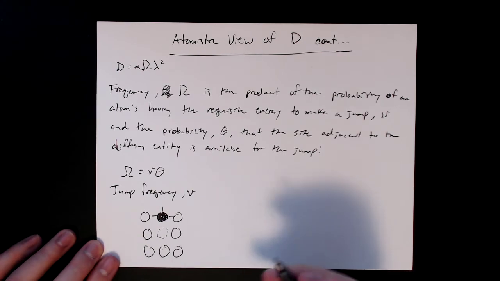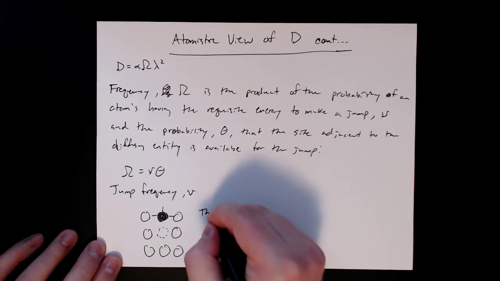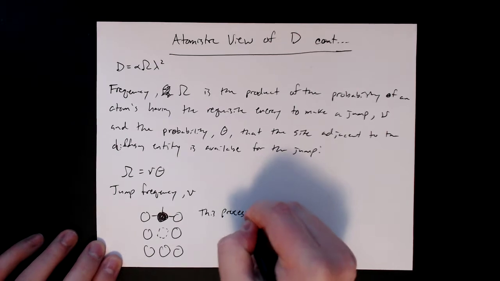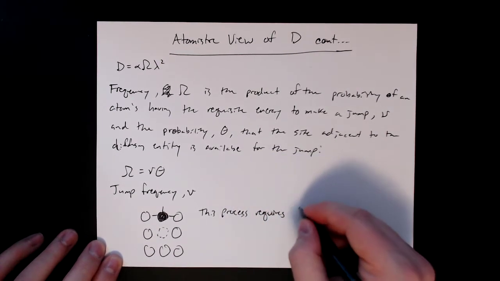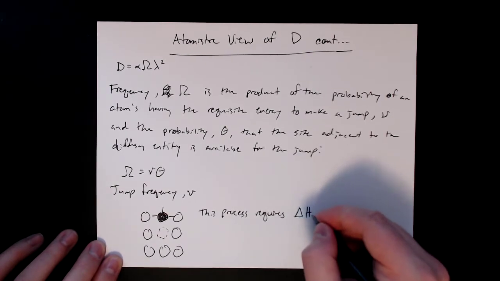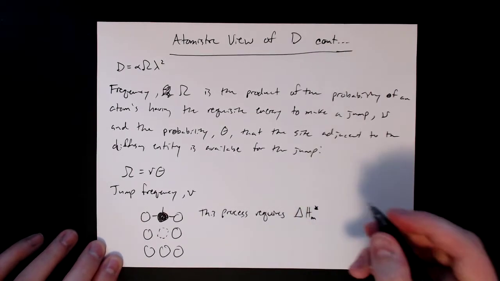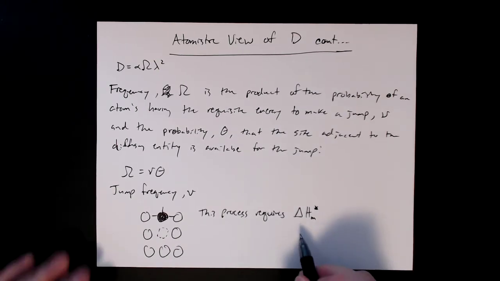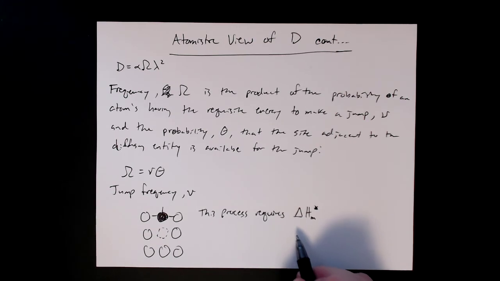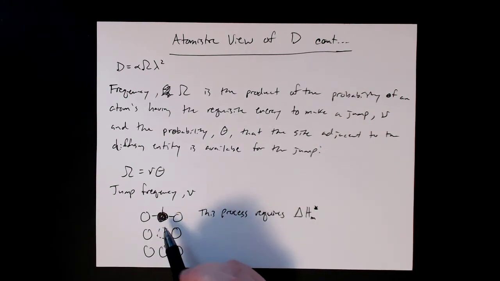And so again, that process requires that activation energy, delta Hm star, which is the amount of energy that it needs to have, right? That was the enthalpy or energy of migration, and so that's related to breaking the bonds and fitting through these tight spaces to get to the next empty site, right?